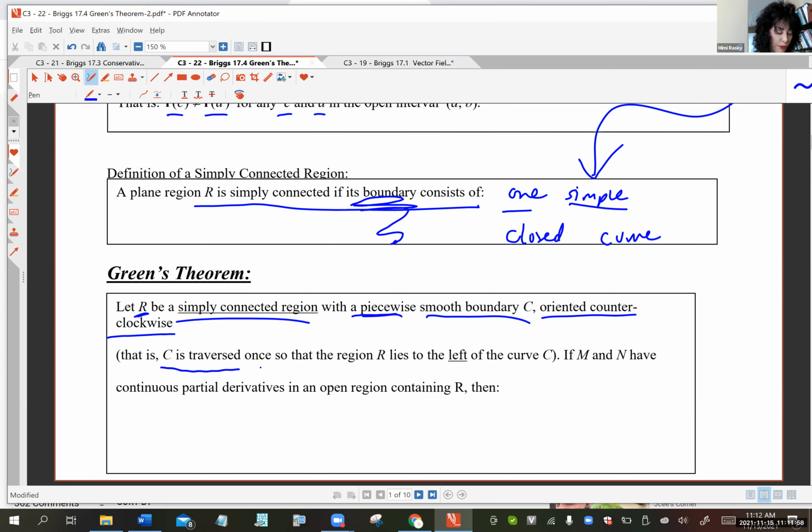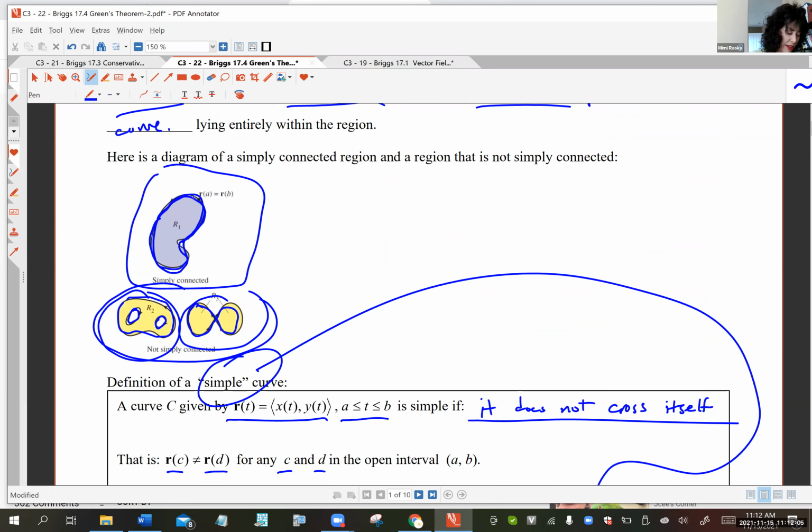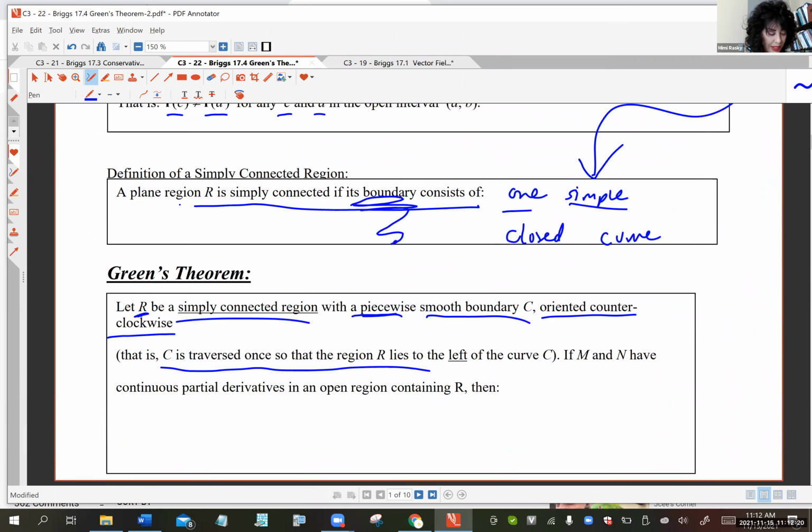You want the curve to be traversed once so that when you move around the boundary, if you were driving around this island counterclockwise, you could look over your left shoulder and see the land over your left shoulder. That's the important part.